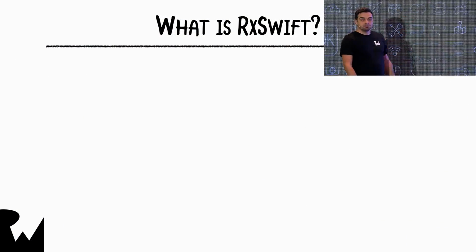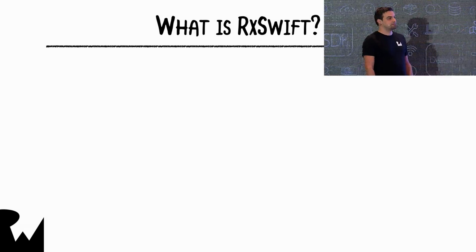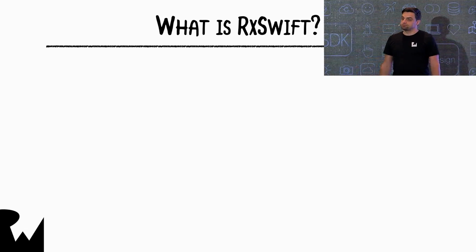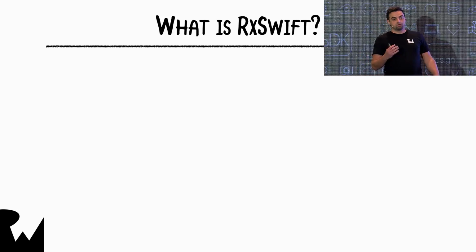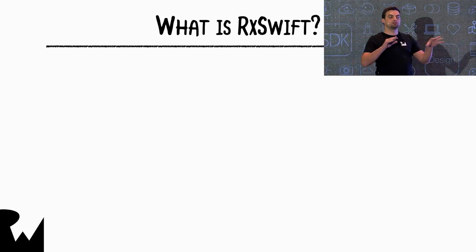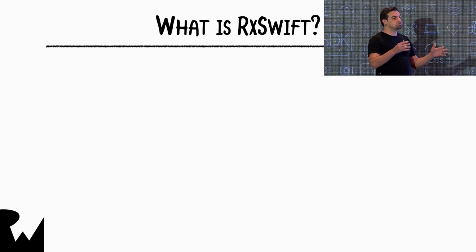Right, so let's start with the big question. What is RxSwift? Ta-da! So, RxSwift is a funny thing. It's a cross-platform standard that comes from Microsoft. They built Rx in their .NET platform some time ago, and it was so good that they decided to open source it. And actually, a lot of different communities have taken this open source .NET code and have ported it to other platforms.